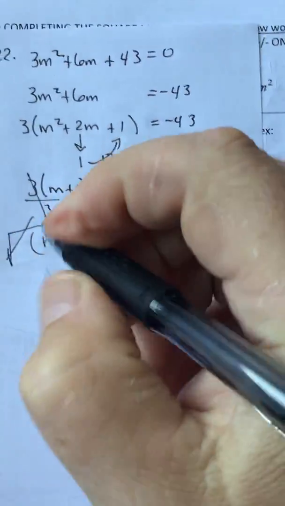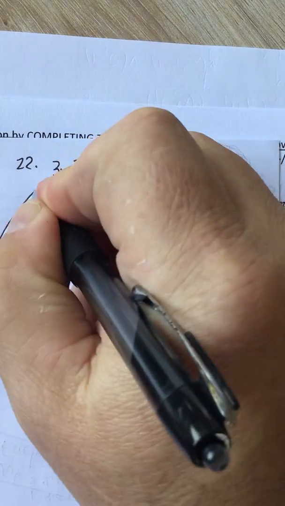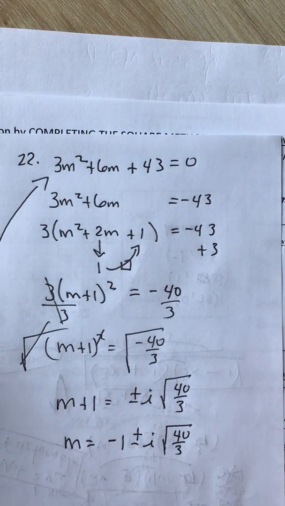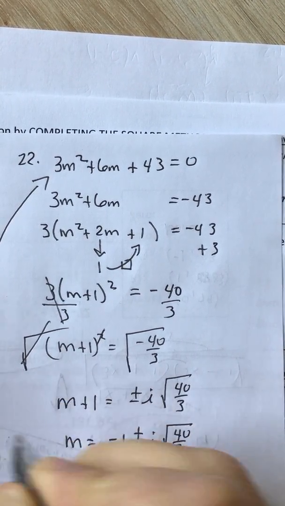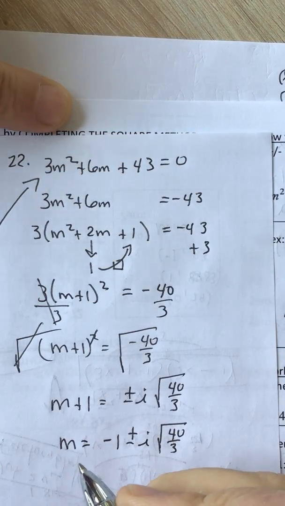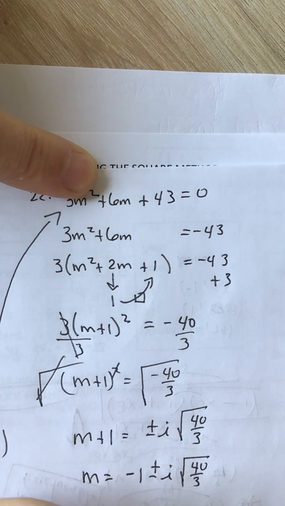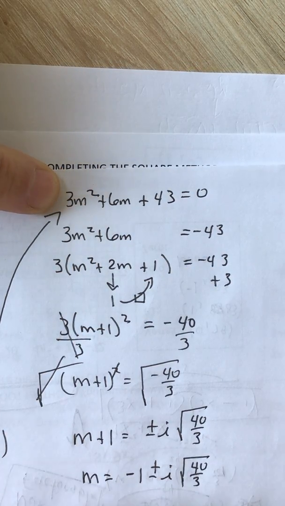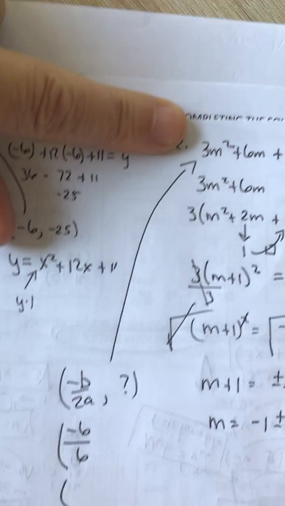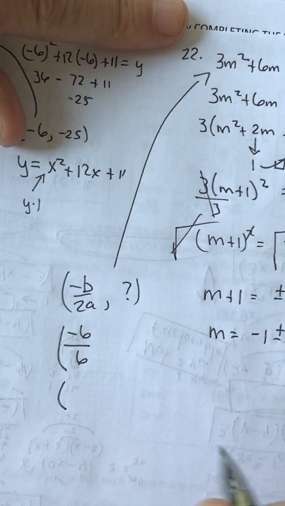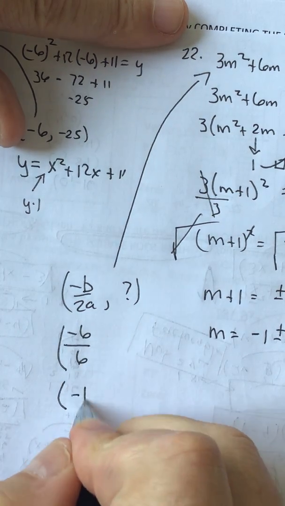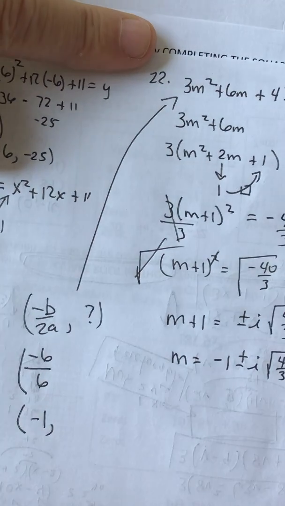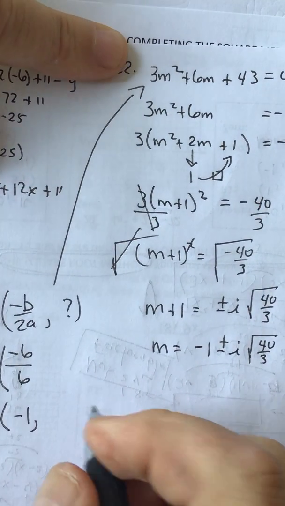Okay, up here's the original equation, way up here. The vertex is negative b over 2a, and then stick that in. So negative b is going to be negative 6 over 2 times 3. So it looks like the vertex, oops, sorry about that. Negative 6 over 6. So the vertex is at negative 1, and then we've got to plug that in. So plug the negative 1 in there.